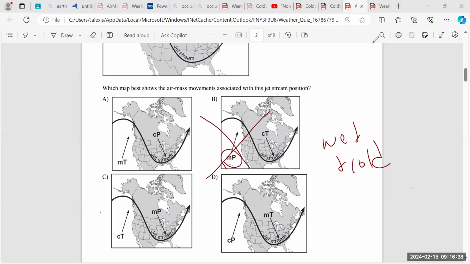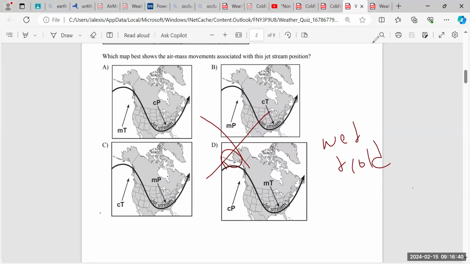When I'm looking at C, once again, I see mP air mass. Last time I checked, an mP air mass is a wet and cold air mass. Isn't a wet air mass created in water, right? Not on land. So that can't be true. And continental air masses, aren't they supposed to be created on land, not on water? So that can't be true.